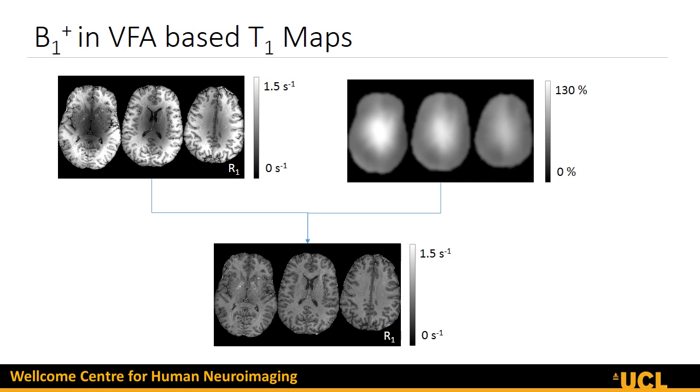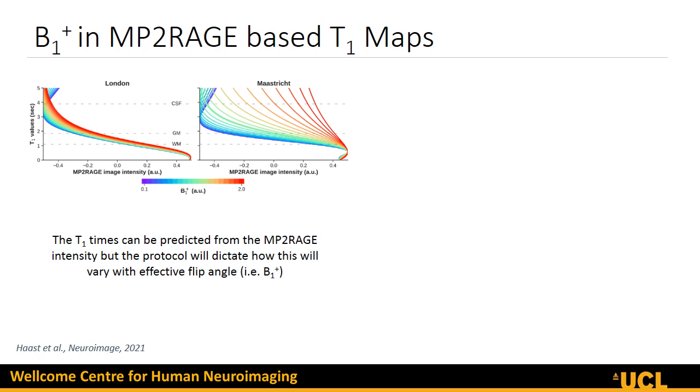It can sometimes be thought that the MP2RAGE based acquisitions and measurements of T1 times, so the inverse of the relaxation rate, the longitudinal relaxation rate, can be independent of transmit field. The MP2RAGE approach acquires data at multiple inversion times and then computes an MP2RAGE image intensity that can then be mapped to a particular T1 time based on a lookup table.